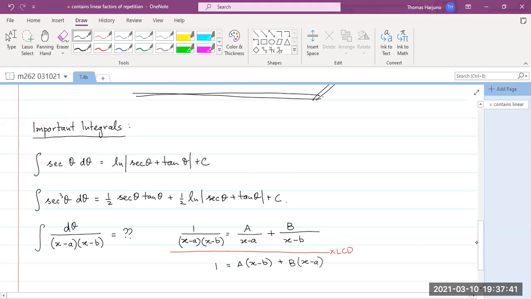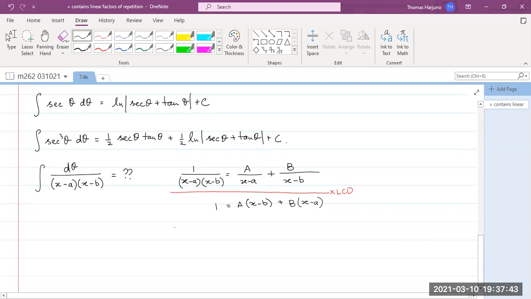Now, with special value method, when x equals a, then 1 equals A times a minus b. In other words, A is 1 over a minus b.